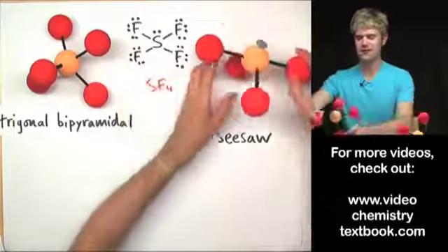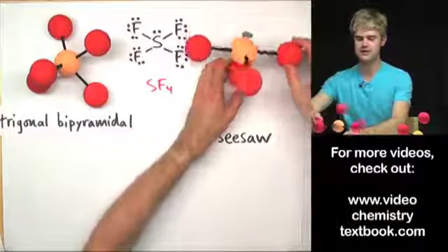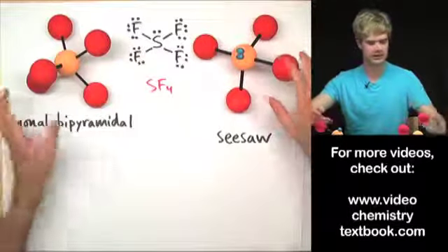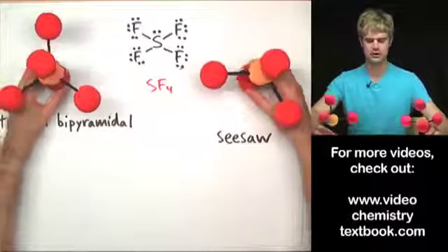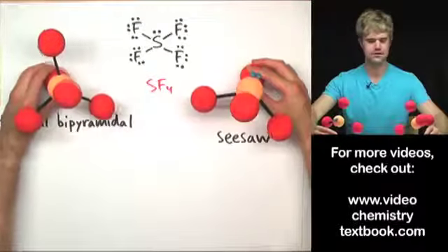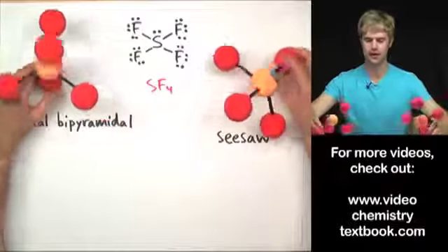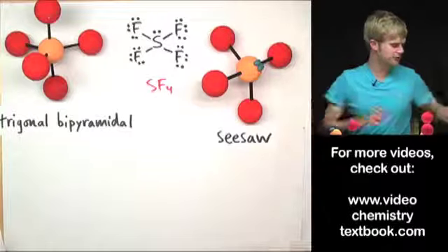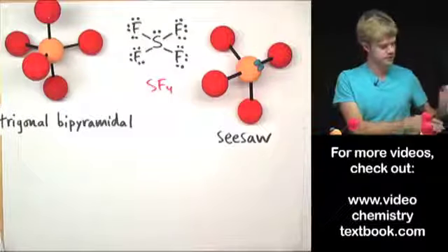Can move back and forth. You can maybe see that from a top view of how it looks. Okay, so keep in mind, seesaw looks very much like trigonal bipyramidal, except it's just missing one of its equatorial atoms. Let's talk about bond angles for the seesaw molecule.